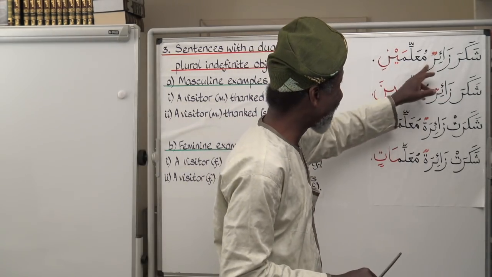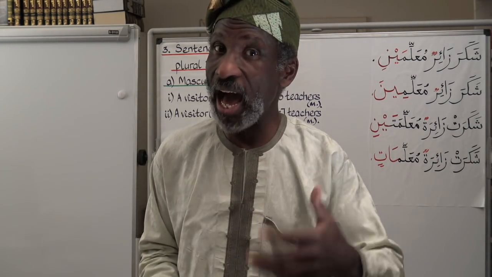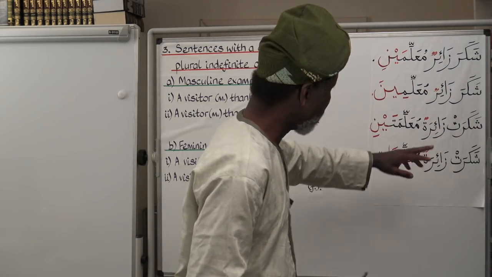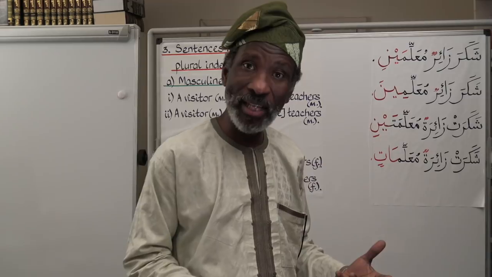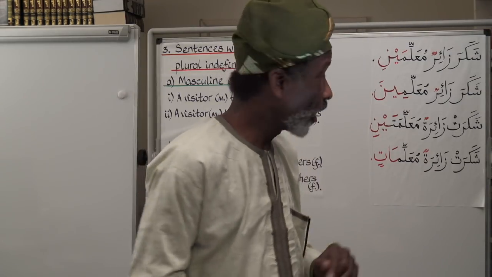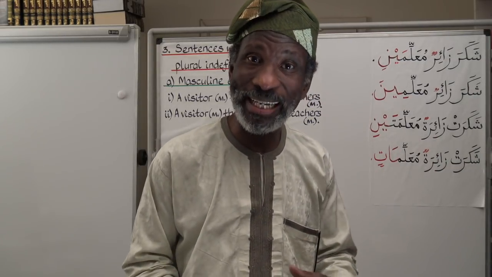So shakara zairun muallimaini. We know muallimaini ending as two teachers, and also we know that they are male. If it is female, for instance, shakarat. Again, we have ta to identify that we're talking about a female here. Shakarat zairatun. Also, the visitor, a visitor, is a female.